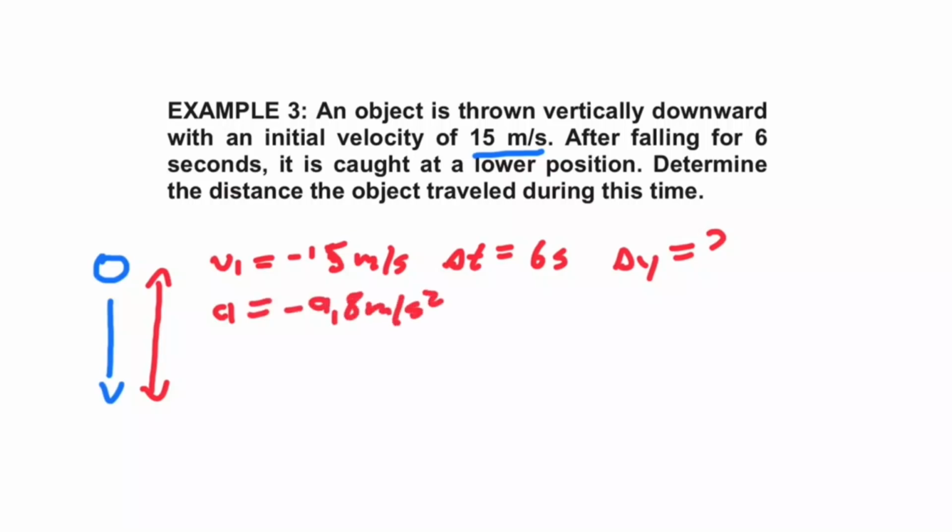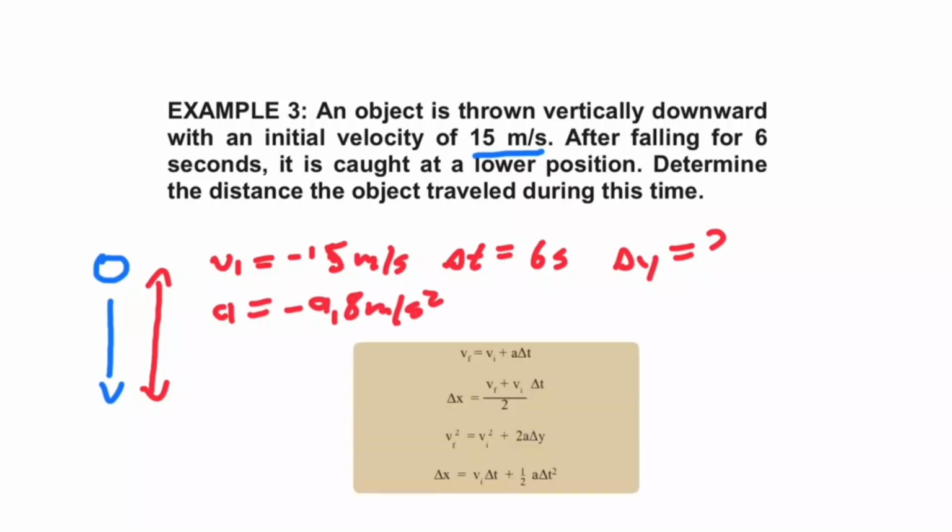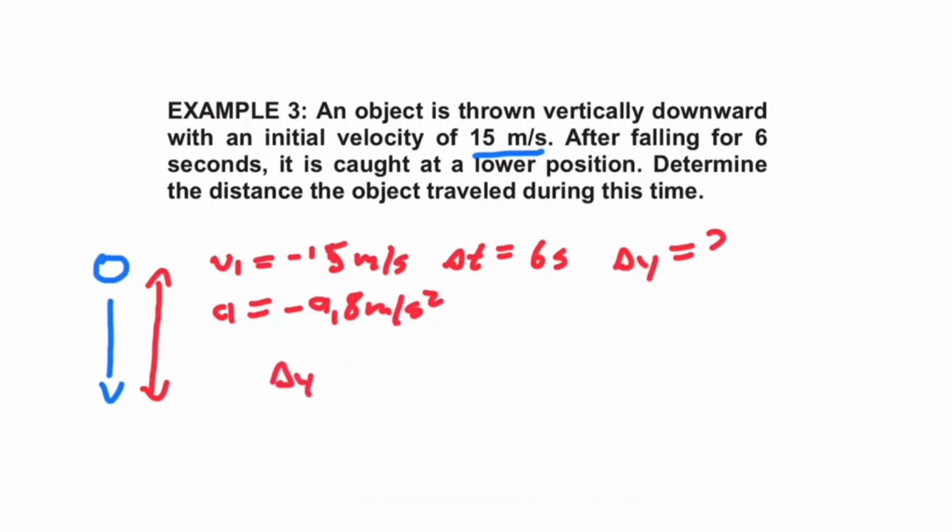Of the 4 equations we have, which equation can we use to find delta y? It should be easy to see that we can use delta y equals vi multiplied by delta t plus a half a delta t squared. Why am I saying so? Delta y is what we're interested in. We have vi, and we have the time and the acceleration also. So this is the right equation to use, okay?